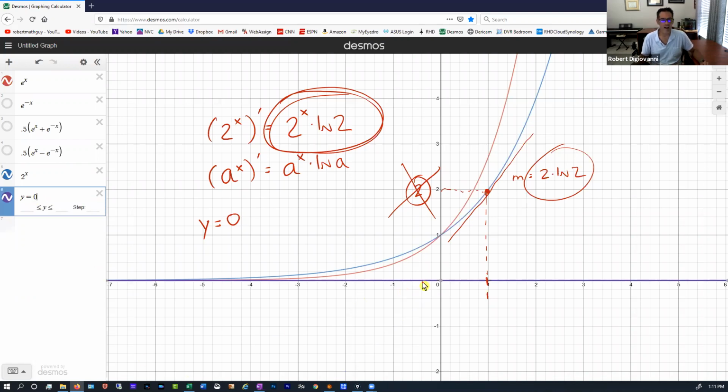It's just this flat line. So the y value is always 0, and the slope of the tangent line at every point is 0. We call that a trivial function because it's just boring. It's always 0. It's not doing anything. So e to the x is the only non-trivial function that has this property, okay?